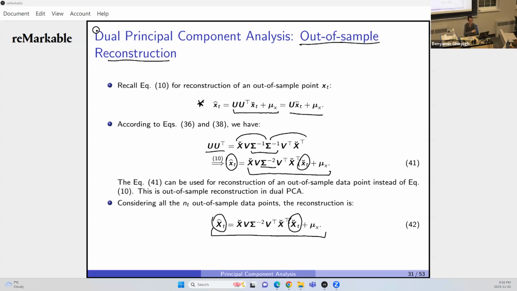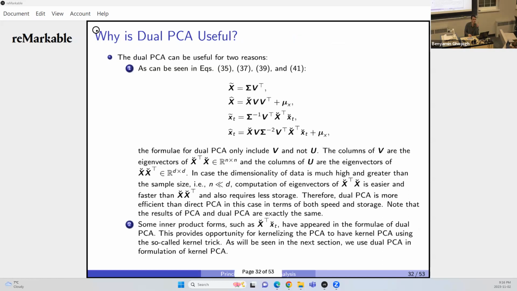So this is reconstruction of test data or out of sample data in dual PCA. Okay. Now let's put all of these next to each other. This is projection in dual PCA, reconstruction in dual PCA, test projection in dual PCA, test reconstruction in dual PCA.